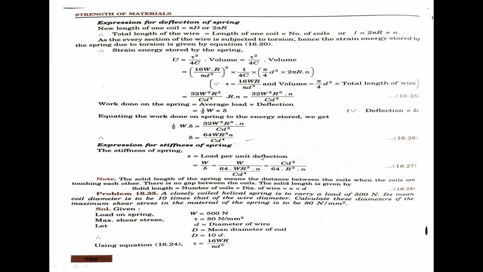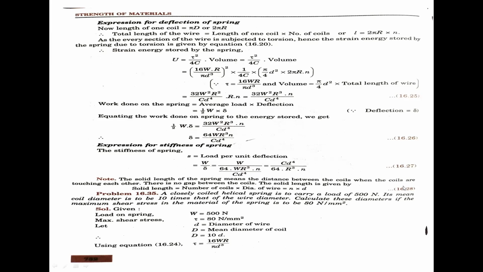If there is some gap, calculate the total length of the wire as the length of one coil into the number of coils. For solid length there is no distance from coil to coil, so solid length equals n into d, equation 16.28. The distance between two coils is called pitch. With no distance, use the formula number of coils into diameter of wire.